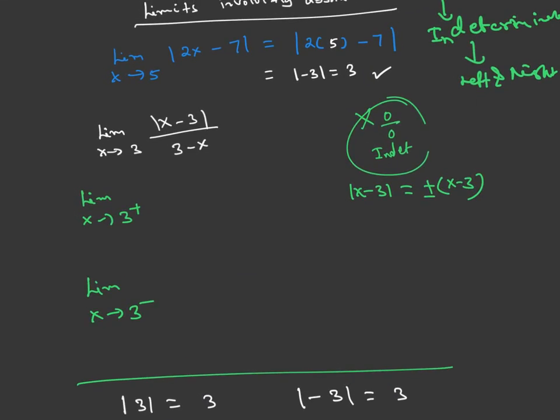So x approaches 3 from the right side, absolute of x minus 3 over 3 minus x. Now this is what we decide. From the right side of 3, give me a number, say 3.1. If I plug in 3.1 inside, do I get a positive number or negative number?